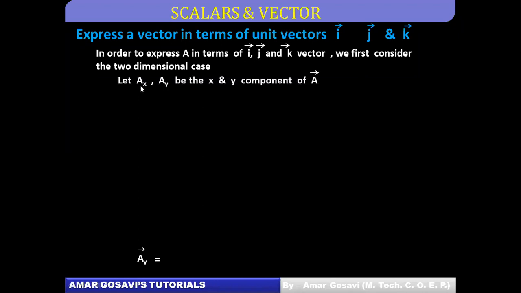So let's understand. So ax and ay are the x and y components of a. So how we place vector a bar in terms of ax and ay. So let's understand this, very crucial and interesting. So a bar, which is vector a bar in this case, in two-dimensional case, would be represented as ax i cap, which will give the direction along x-axis, plus ay j cap.